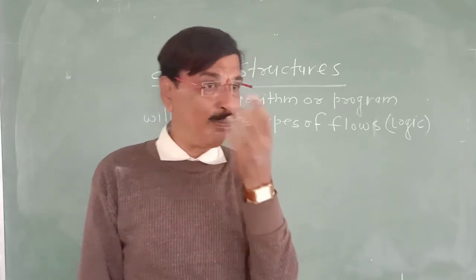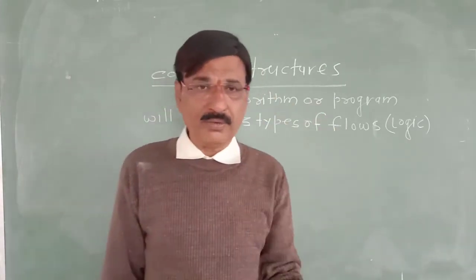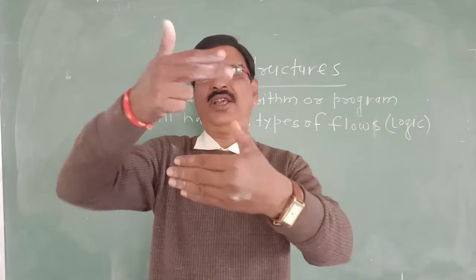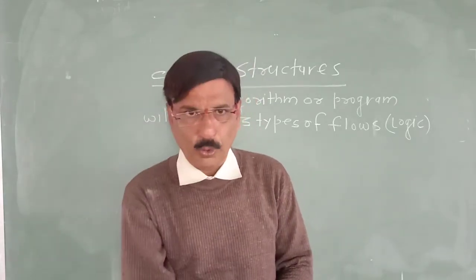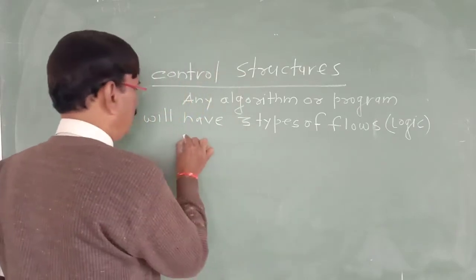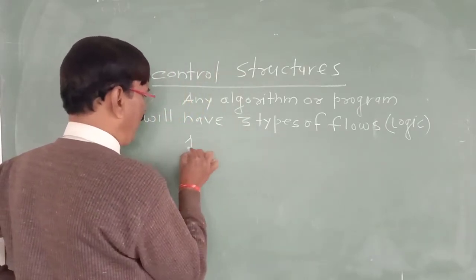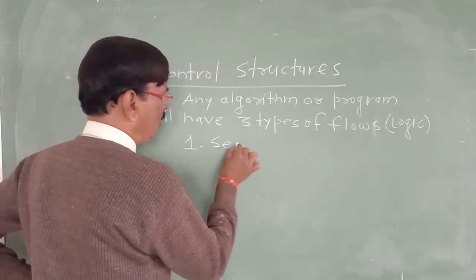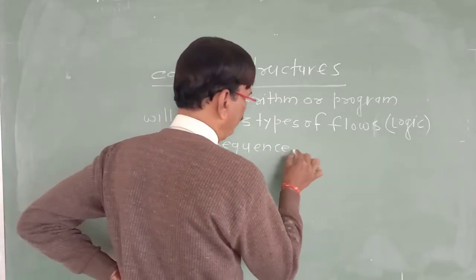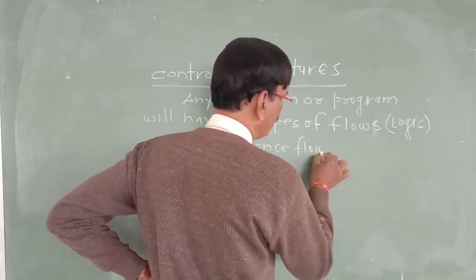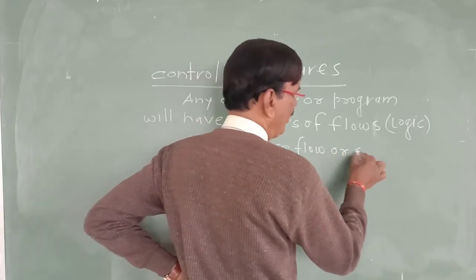As we have seen in the example of area of circle: read R, A is equal to pi r square, print A, stop. You see, the flow is sequential. So number one, sequence flow or sequential logic.